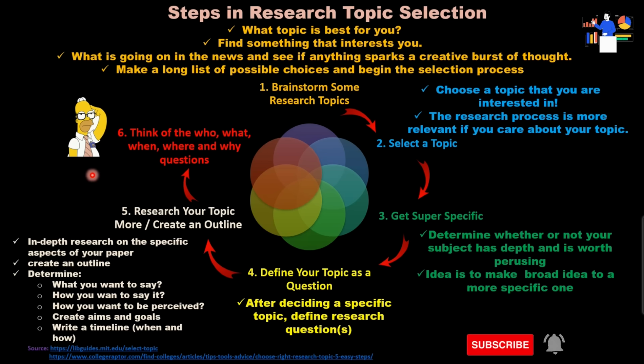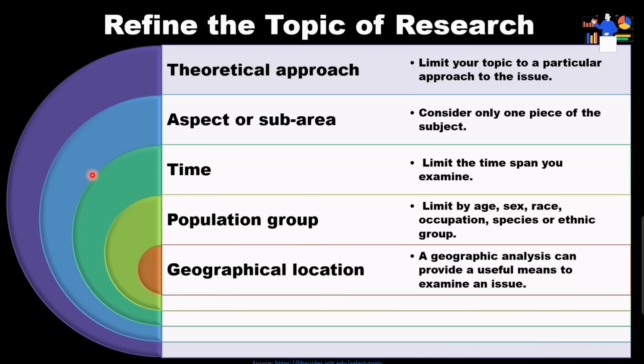But after finding a suitable research topic, you also need to refine the topic of your research. For this, you can also consider what kind of theoretical approaches you will use in your research, and you will limit your topic, or you will relate your topic to some theoretical background or some theories in your area of interest.